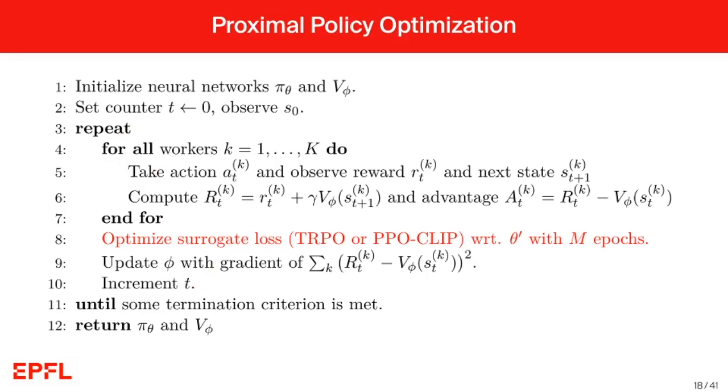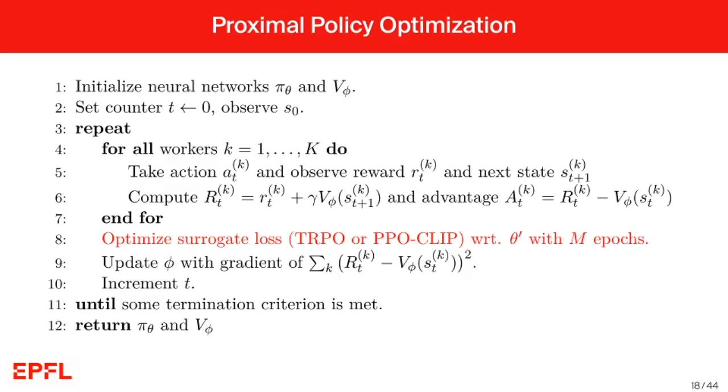Instead of just using this mini batch once, as we did in standard policy gradient or in A2C, we now use this mini batch that is obtained from the K workers multiple times to move theta prime as far as possible into the right direction as is allowed by the proximity condition that is given by these losses.